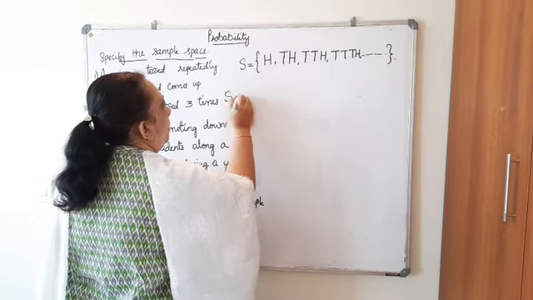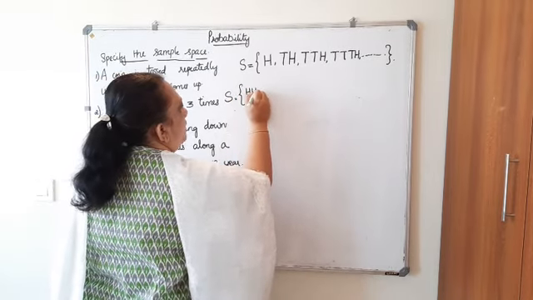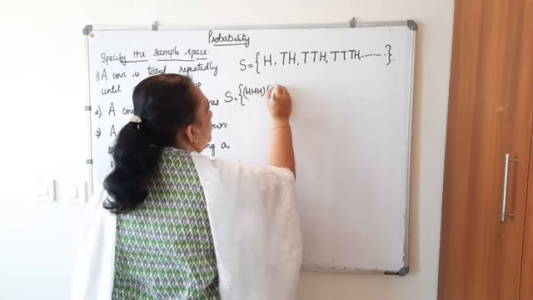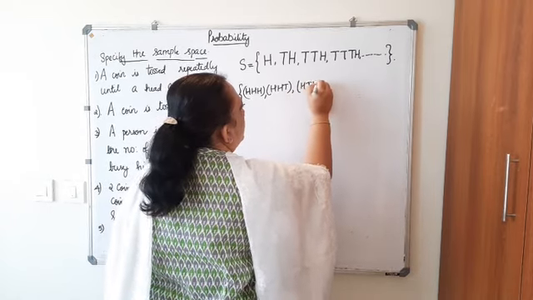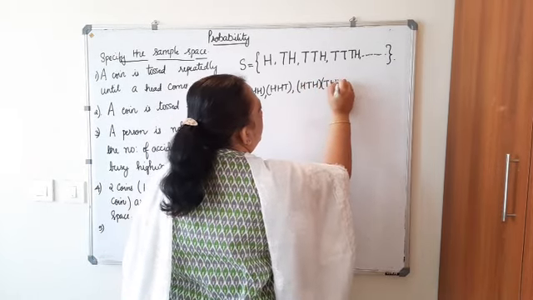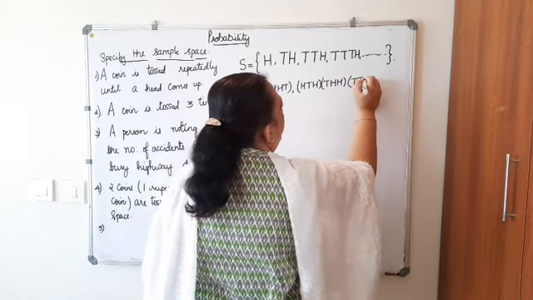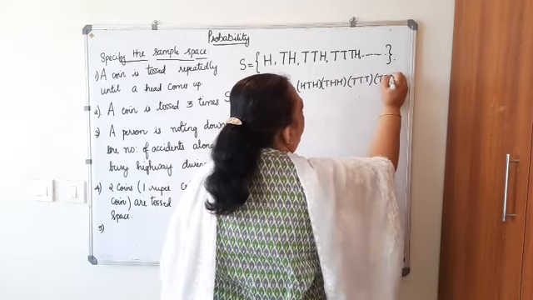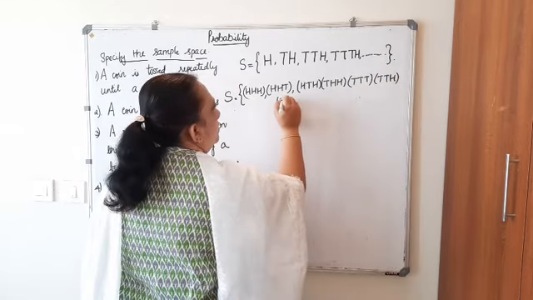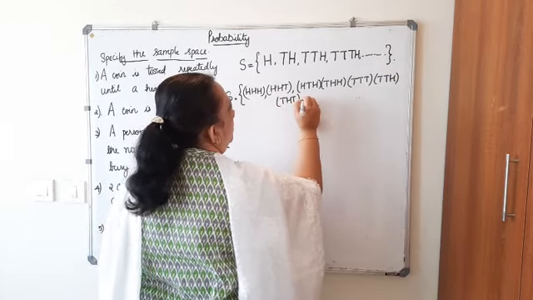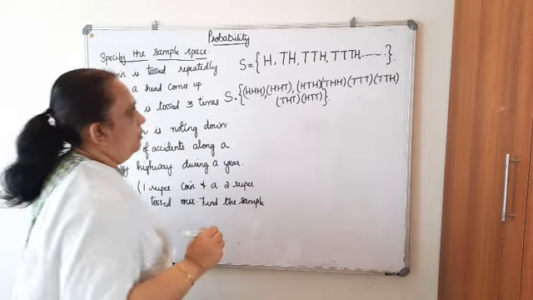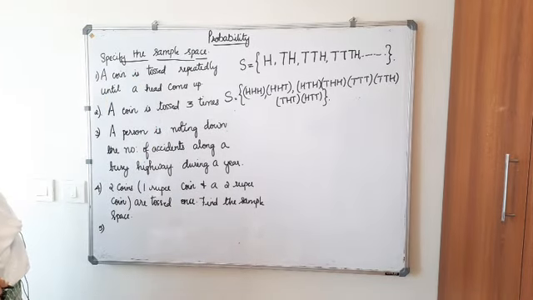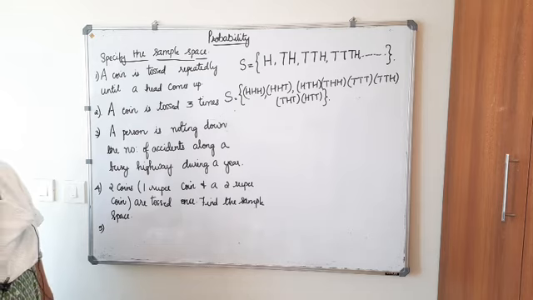S is equal to HHH, HHT, HTH, THH, TTT, TTH, THT, HTT. So this is the sample space. So it is easy to find out the sample space.